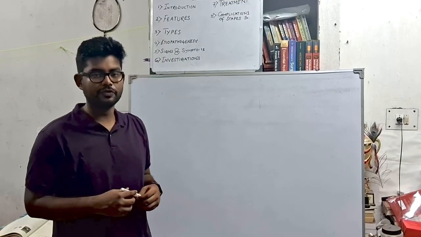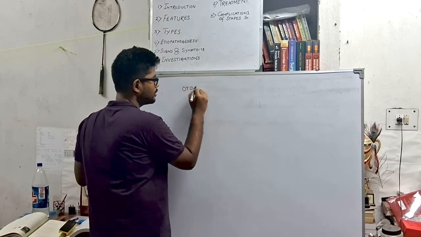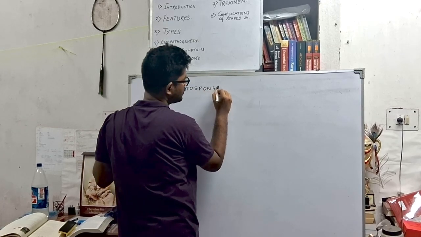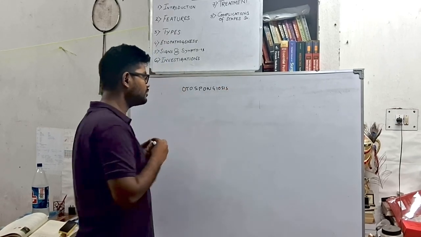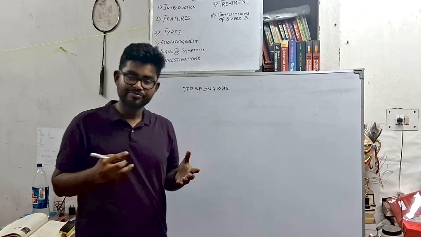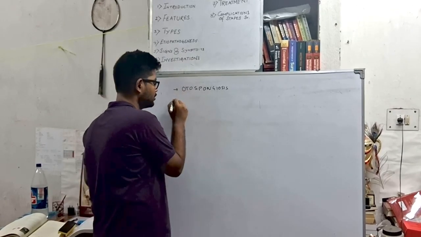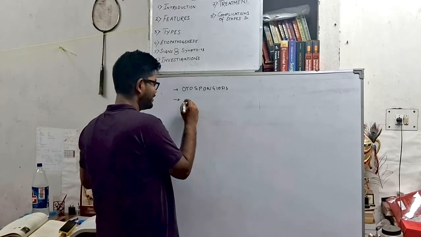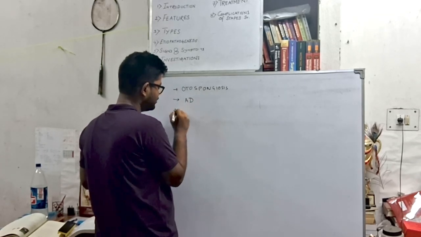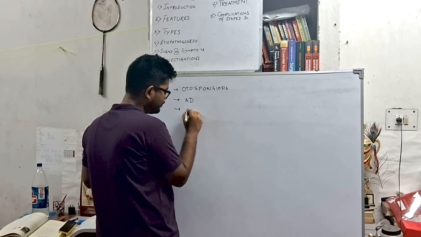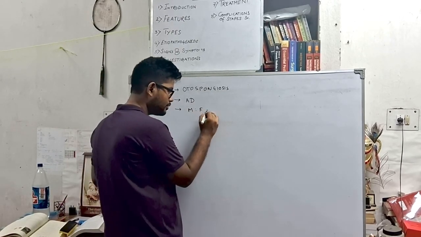So coming to the features of otosclerosis, otosclerosis is also called otospongiosis, because the enchondral bone is replaced by irregular spongy bone. It is inherited in an autosomal dominant fashion. It is more common in females with a male to female ratio of 1:2.